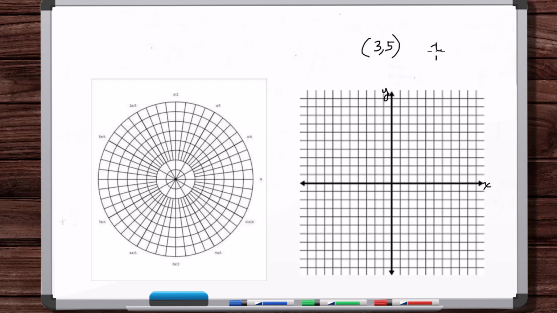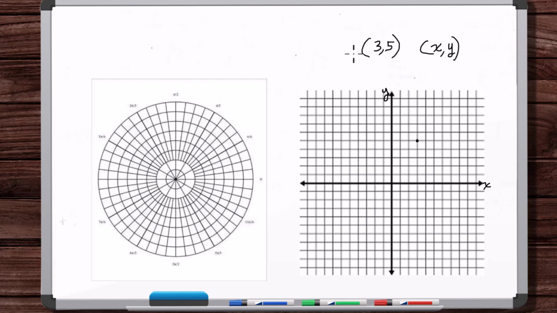This pair of numbers corresponds to x, y. So we go 3 tick marks in the positive x direction and 5 tick marks in the positive y direction. And we've located this point. With 2 numbers, we can locate any point in a plane like this. This plane is infinitely large, right? The x-axis goes from negative to positive infinity, and so does the y-axis.